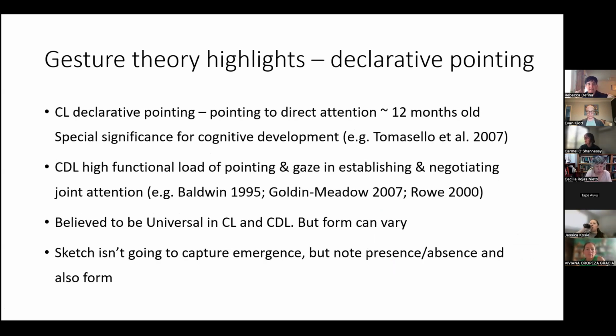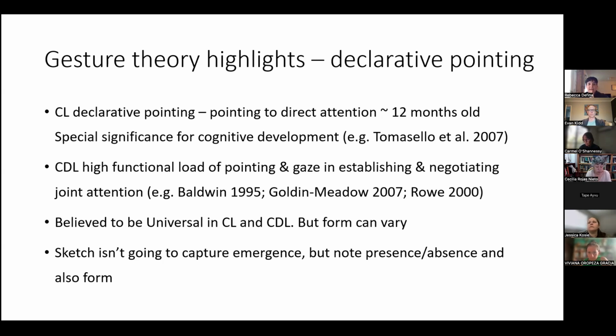This kind of deictic attention directing gesture is often referred to as a declarative point. It's pointing to direct attention, and it typically emerges at around 12 months of age. It's really significant for cognitive development, for elements of theory of mind and being able to direct another's attention to something.